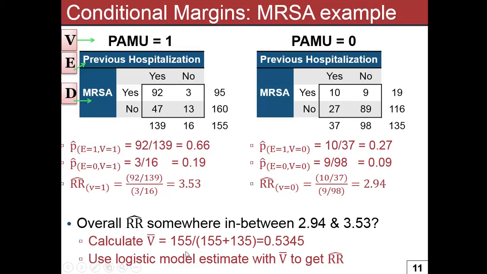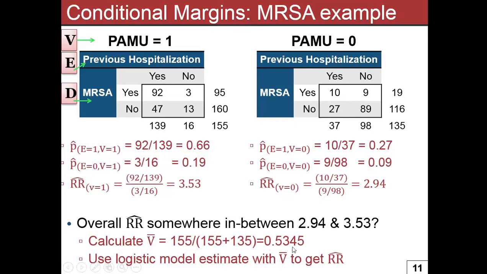Well, V bar in this data set, when the V is PAMU, is 155 over 155 plus 135, or 53%. Why is that? Because look at this total. There's 155 folks that have PAMU, and 135 folks that don't. So the prevalence of PAMU is 0.5345.